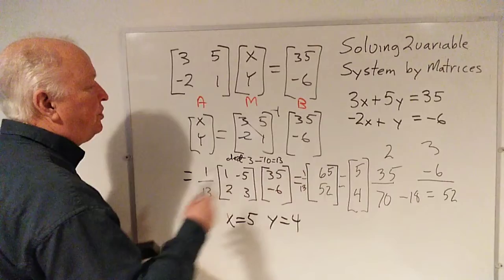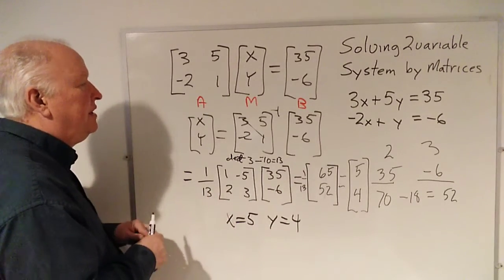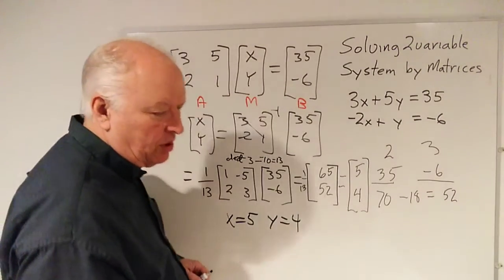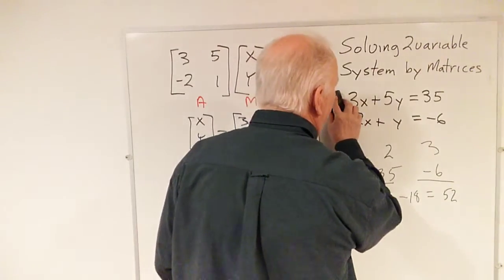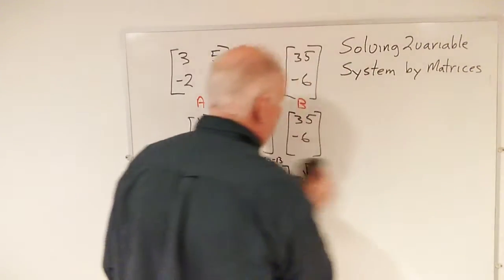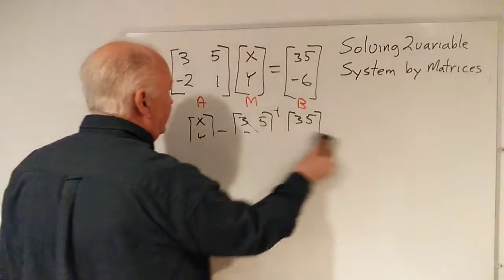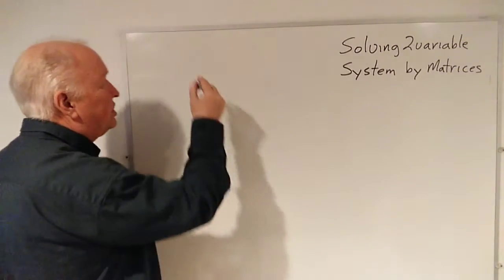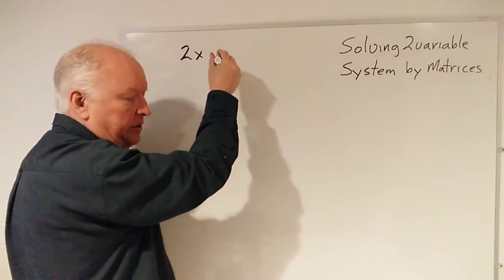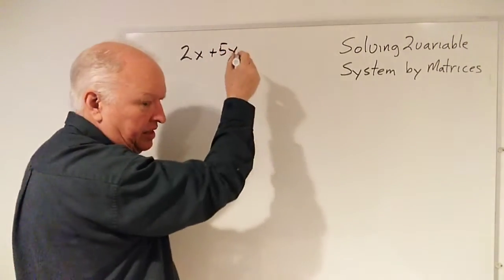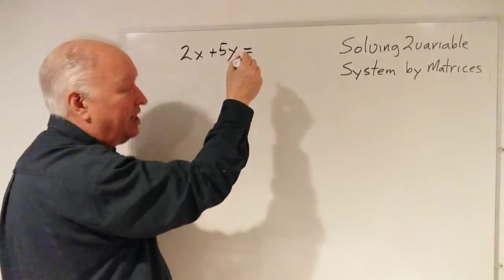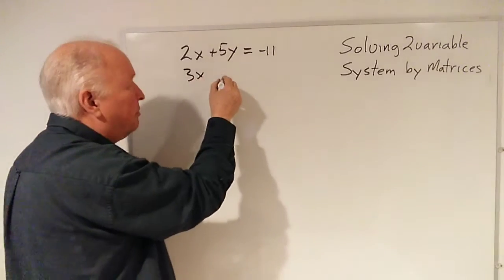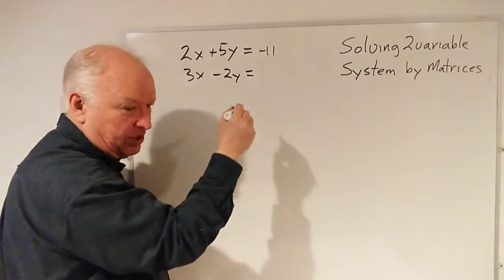Very smooth, no thinking required, just following the matrix operations. Let's do one more, and then I'll make some observations at the end. Let's do this system: 2x plus 5y equals -11, and then 3x minus 2y equals 12.